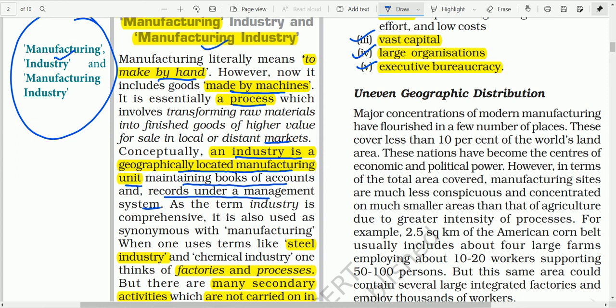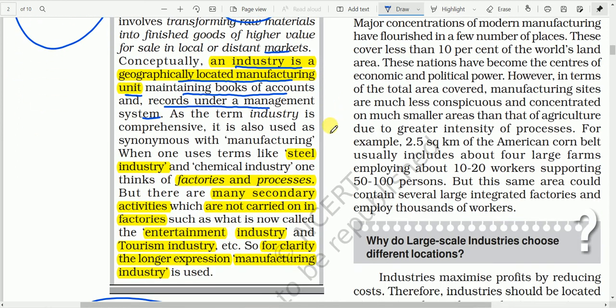Industry refers to the building, whereas manufacturing refers to the process. The process of transforming raw material into finished goods is known as manufacturing, whereas industries refer to the geographically located manufacturing units, the factories, the buildings where workers work, maintaining books, accounts, records under a particular management system.